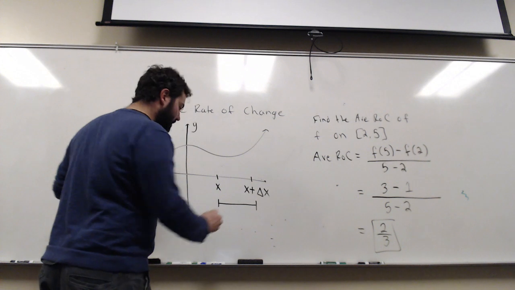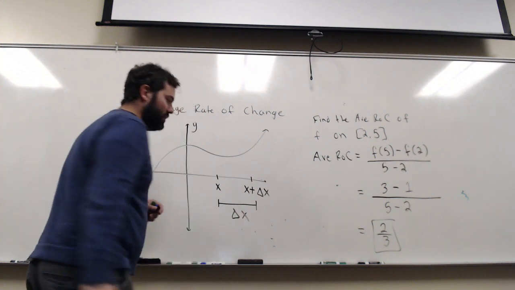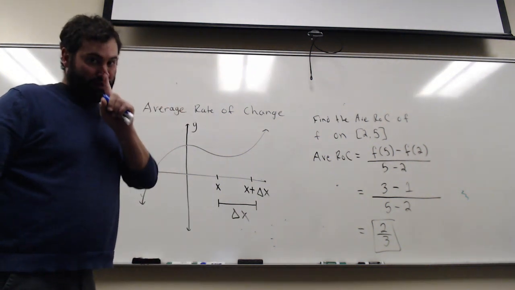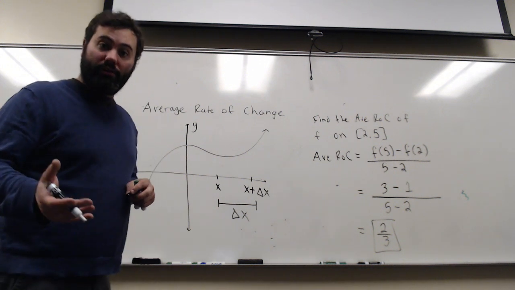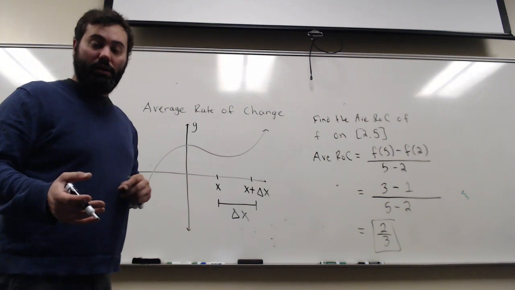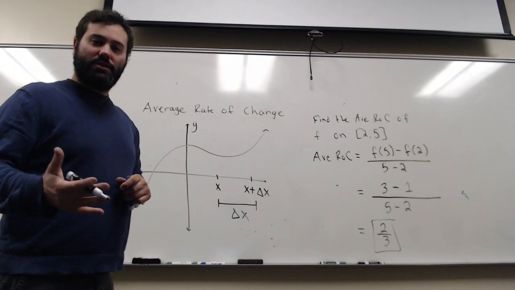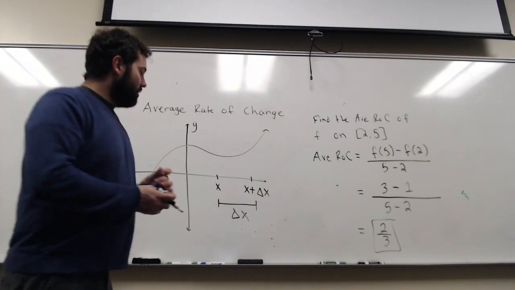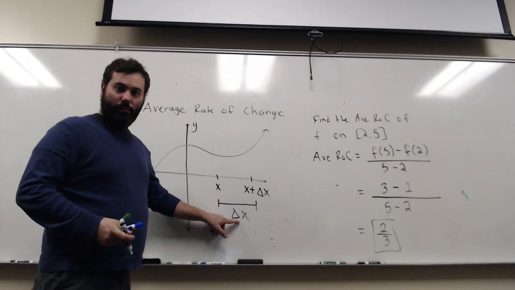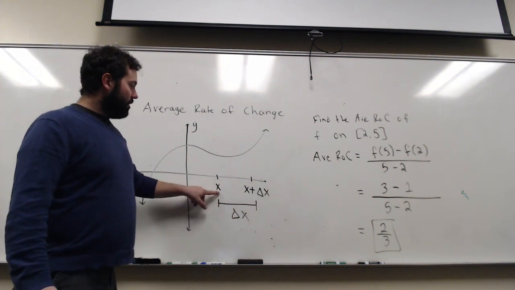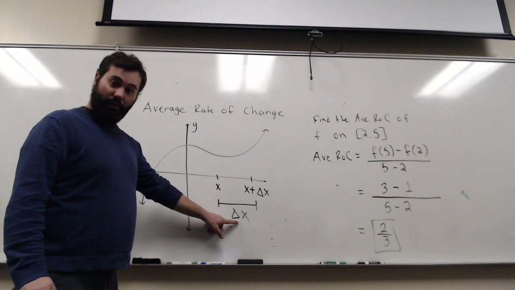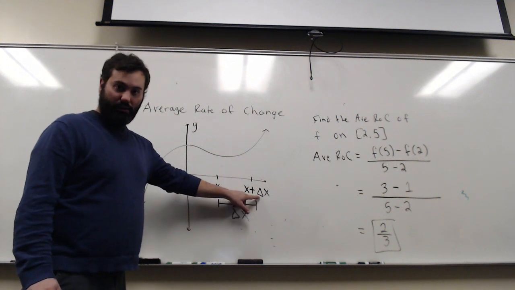The width of this interval is going to be denoted by delta x. I don't know if you've seen this in other classes before, but the symbol delta, that triangle, is notation that means change in. So when I write delta x, that's how much x is changed by, or the change in x. I'm starting at x and adding delta x to obtain x plus delta x.